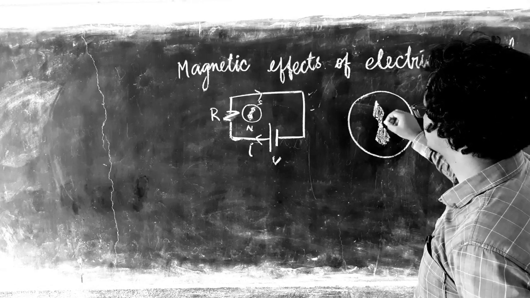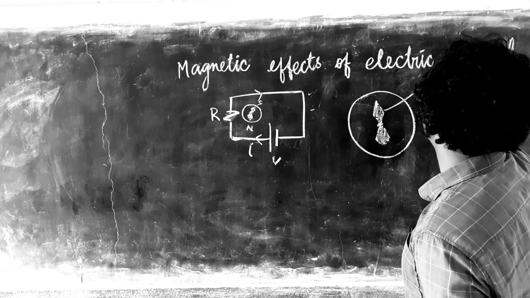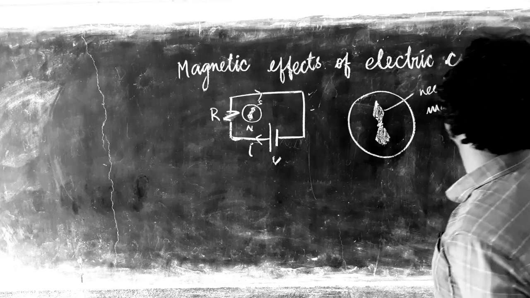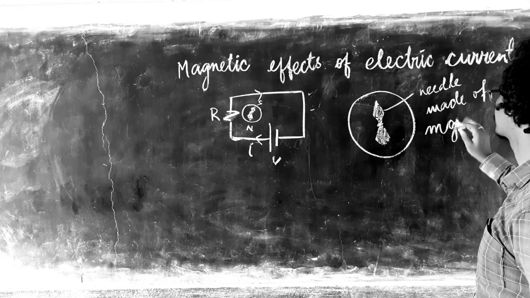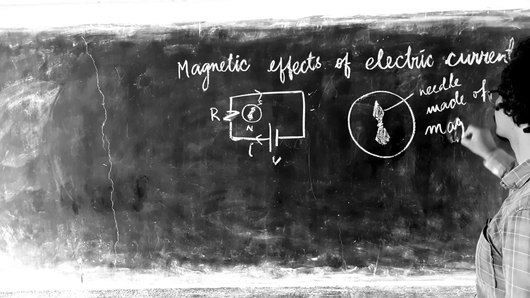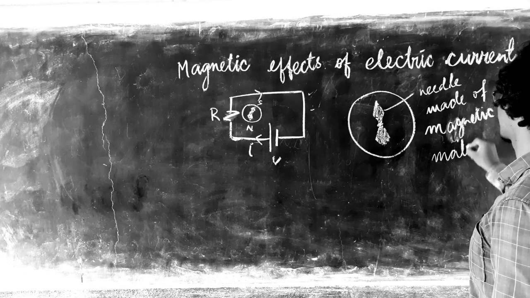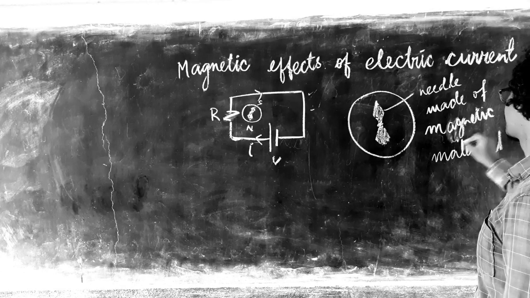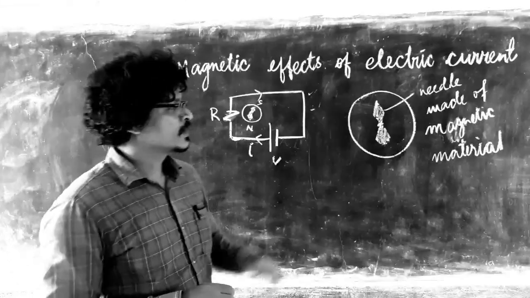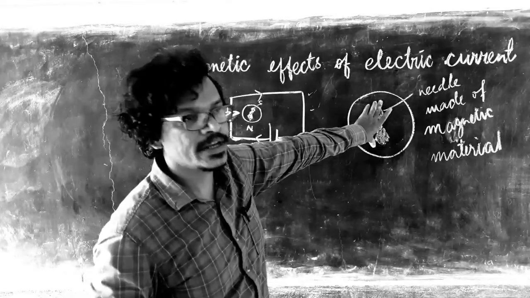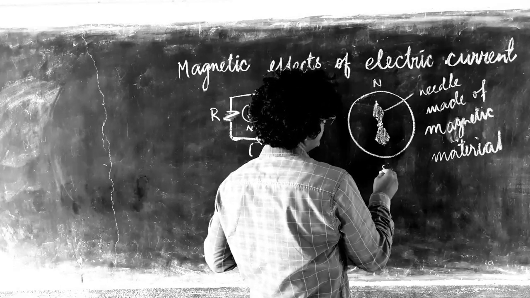In the magnetic compass, there is one needle, and this needle is made of magnetic material. In this magnetic compass, north and south are indicated. One side is north, one side is south.